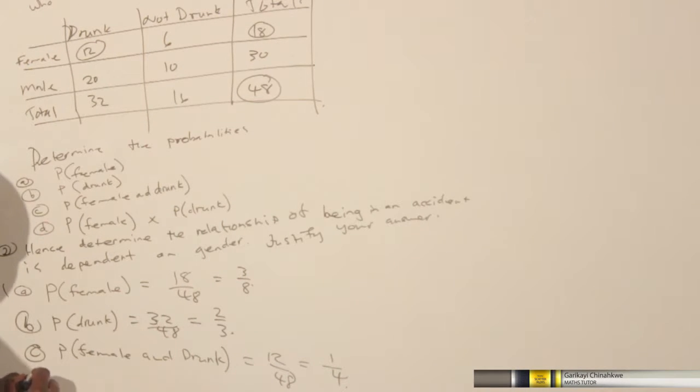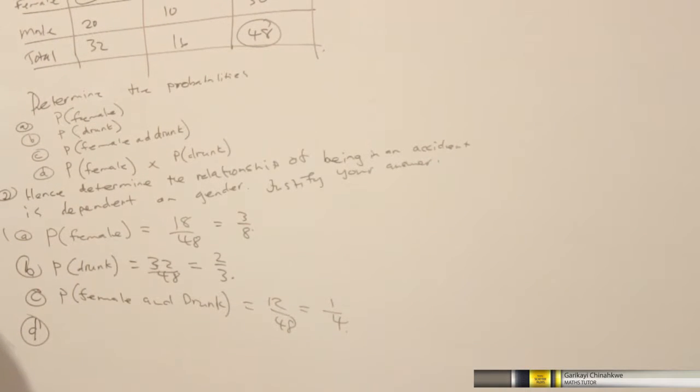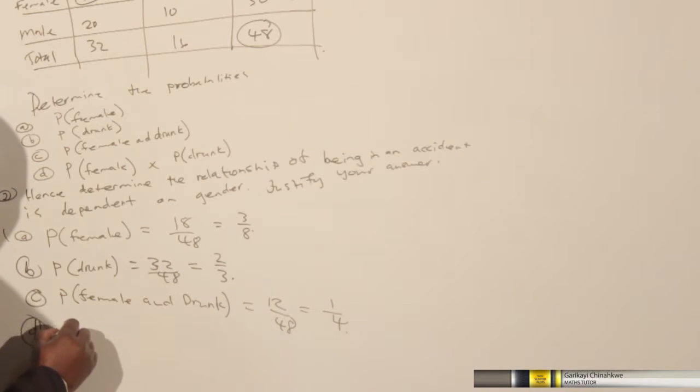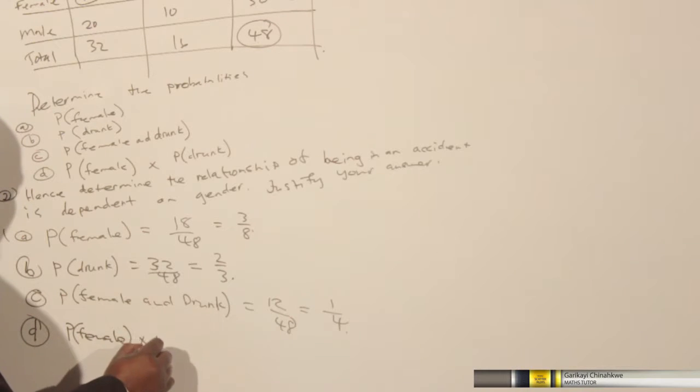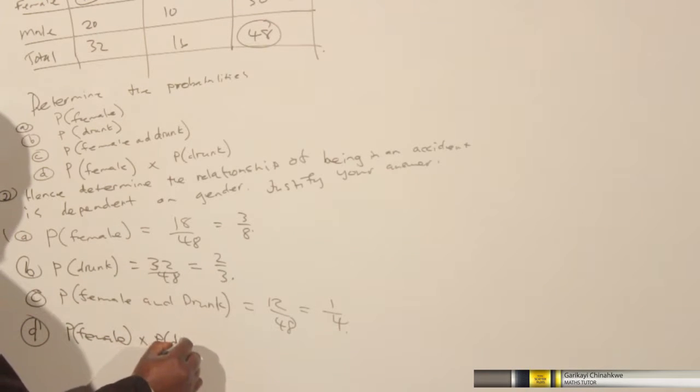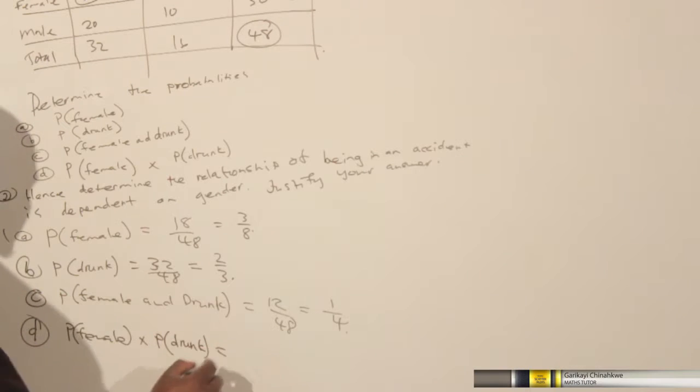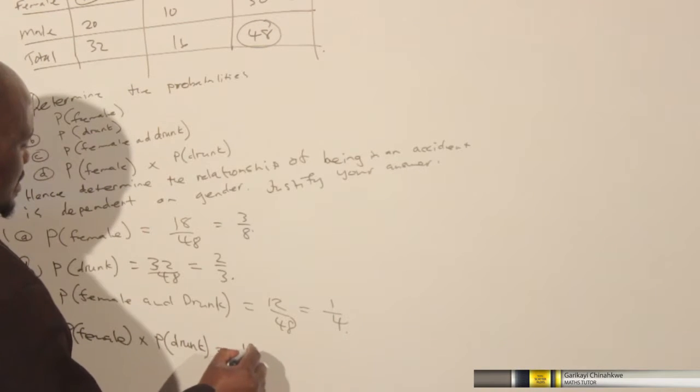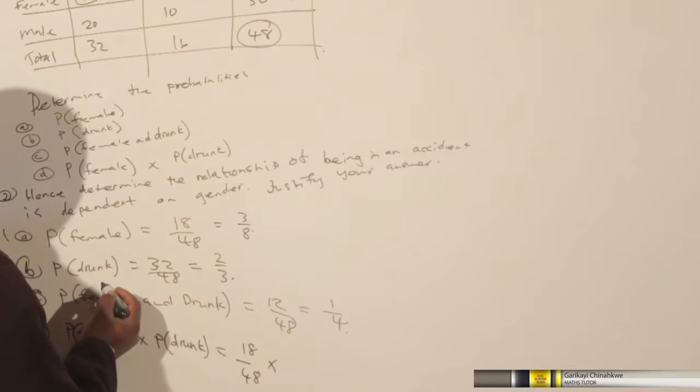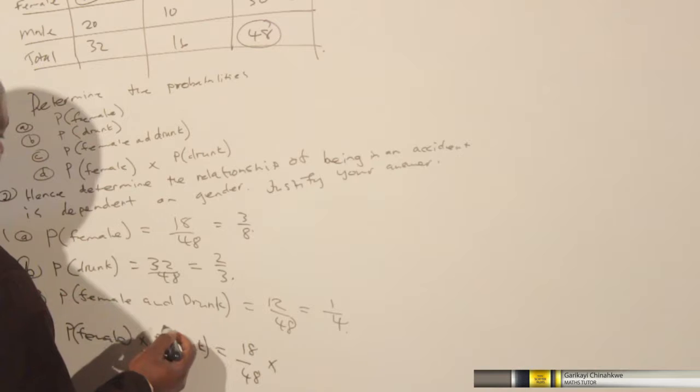And then part D, probability of female multiplied by probability of drunk. Where is female? It's 18 over 48.